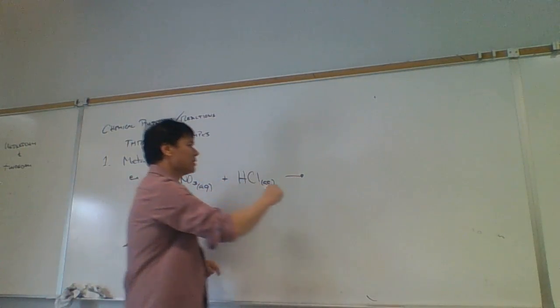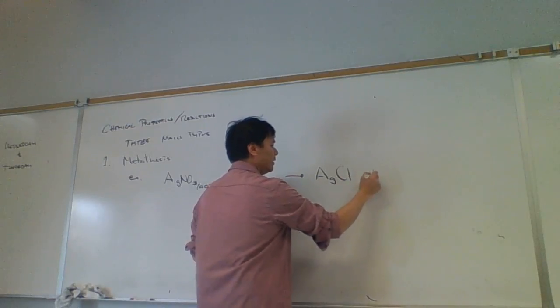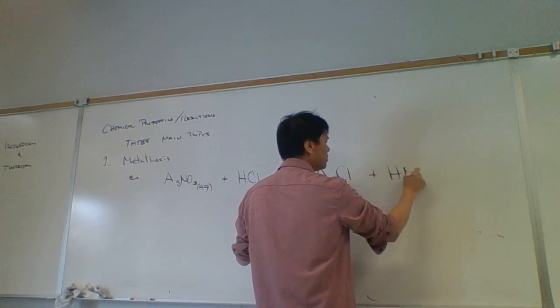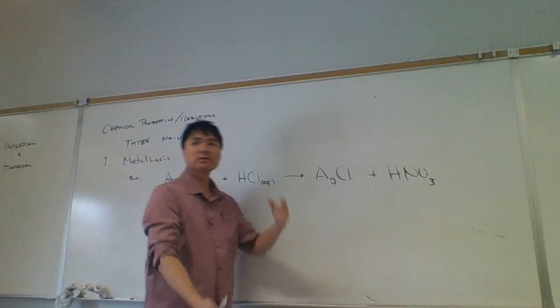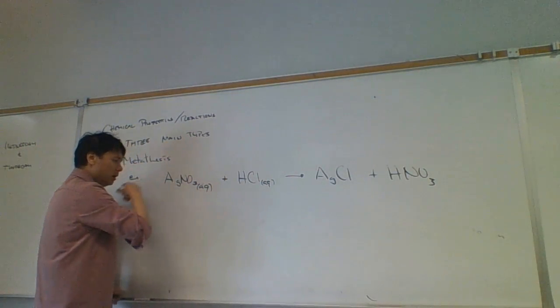We put the silver cation with the chloride anion, and the hydrogen cation with the nitrate anion. In other words, we're just switching partners.